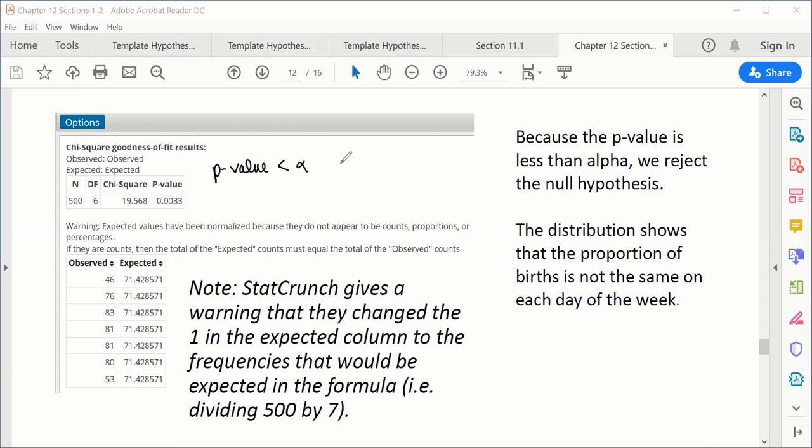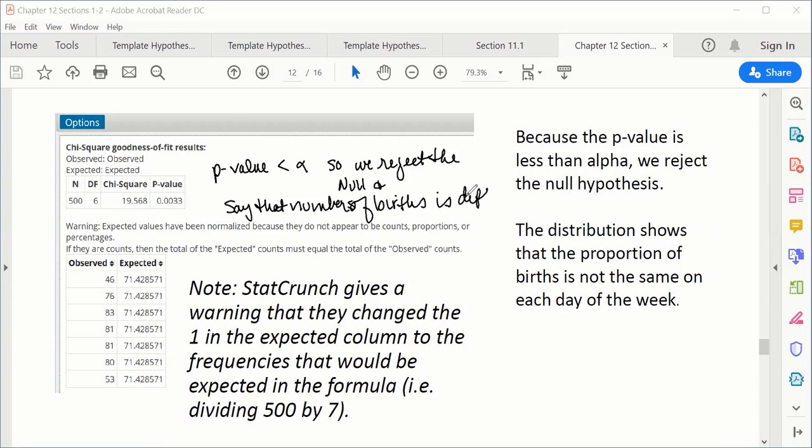It is less than alpha, so we reject the null hypothesis. And so we do have enough evidence to say that the number of births is different on different days. So the proportion of births is not the same on each day of the week, because we can reject the null.